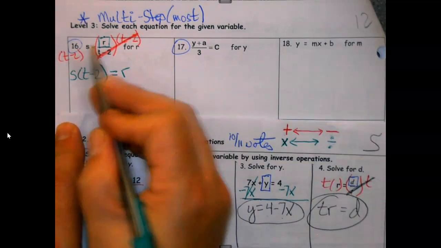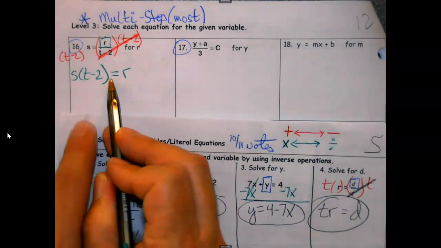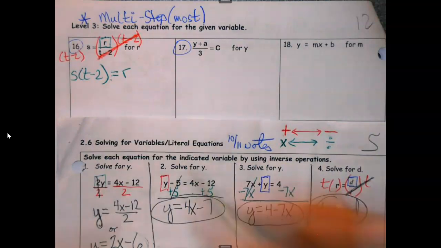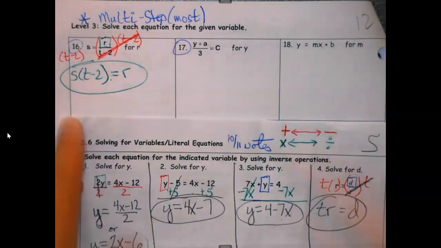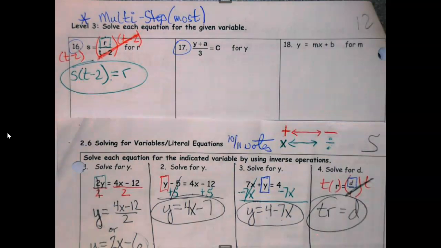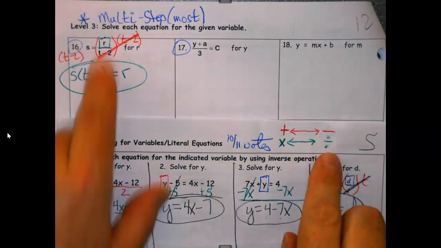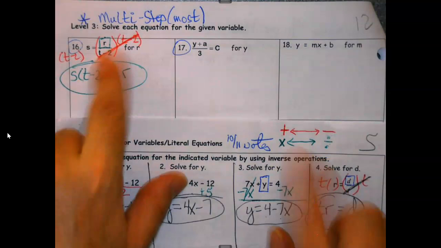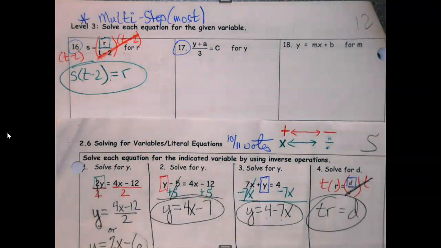I'm multiplying these together. Do I have to distribute? No, R's alone. Don't make it harder than it needs to be. Again, whatever's being done to what you box in, you just are finding the opposite operation.